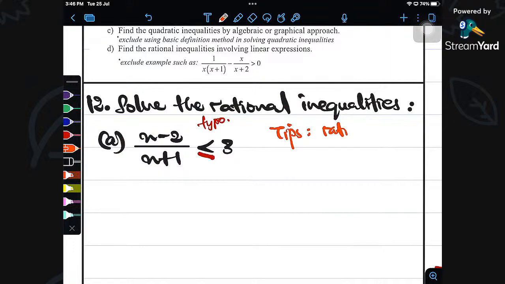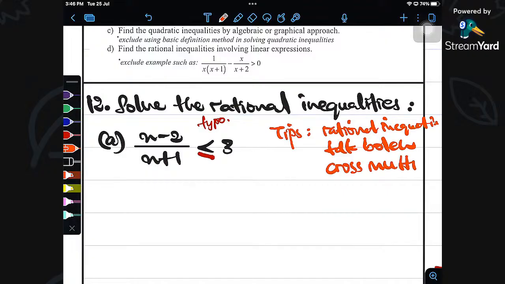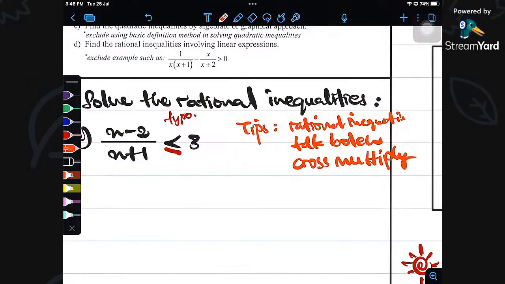Tips for rational inequality: tidak boleh cross multiply. Kalau you cross multiply, you akan dapat jawapan yang salah.